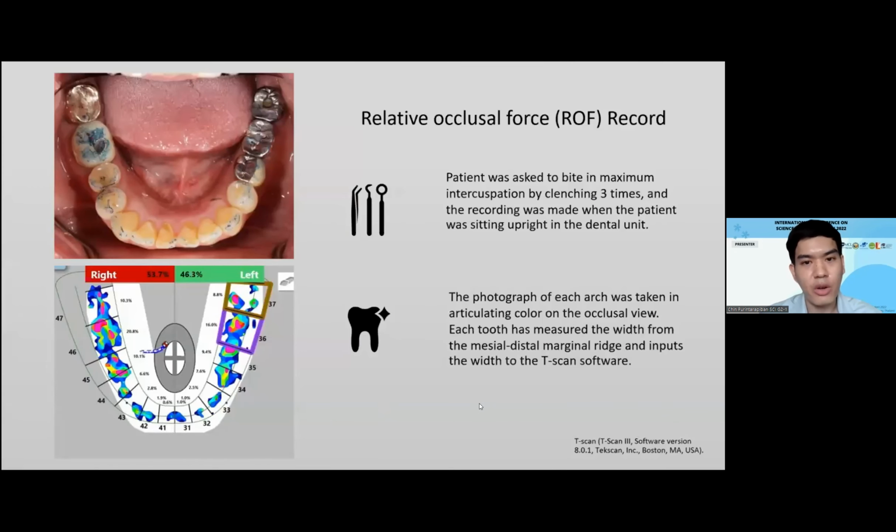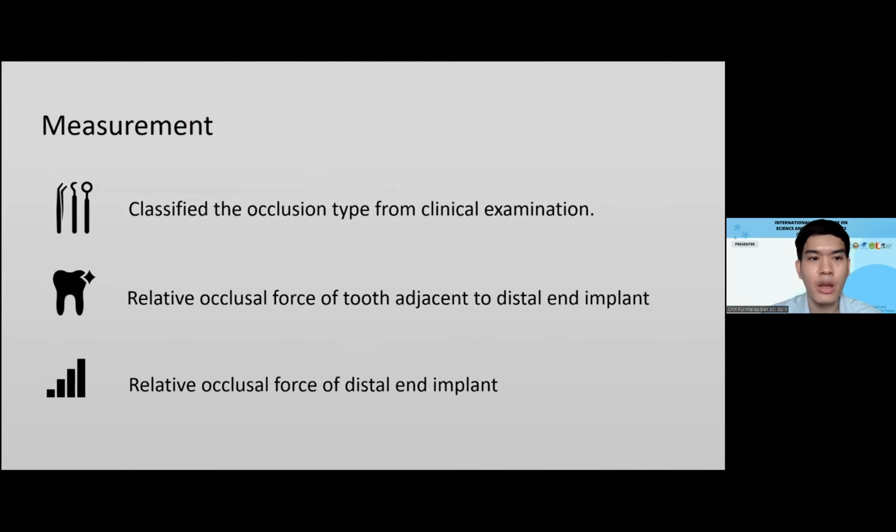For the relative occlusal force, the patient was asked to bite in maximum intercuspation by clenching 3 times, and the recording was made when the patient was sitting upright. A photograph of each arch was taken with articulating color in occlusal view to compare the photo with the force mapping. Each tooth was measured with the width from mesial to distal marginal ridge, and the width was input into the T-scan software.